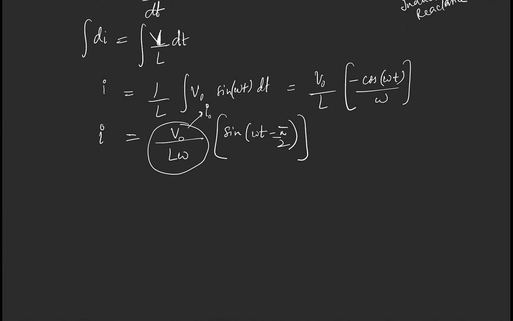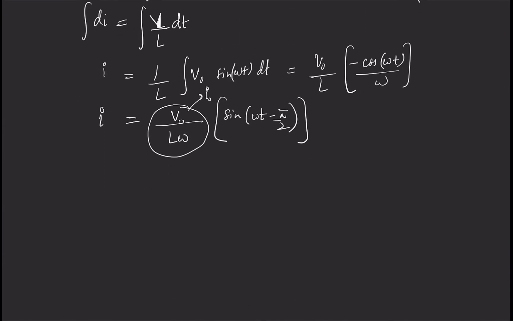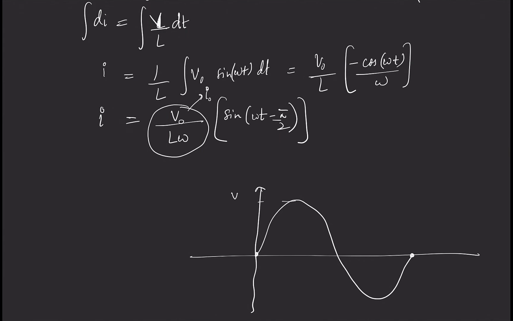And similar to the previous question, we need to note who is leading in this case. So if voltage is something like this, so this is peak voltage V naught, this is minus V naught. So here the current's peak will come after the voltage peak, therefore voltage is leading. So the graph would be something like this.